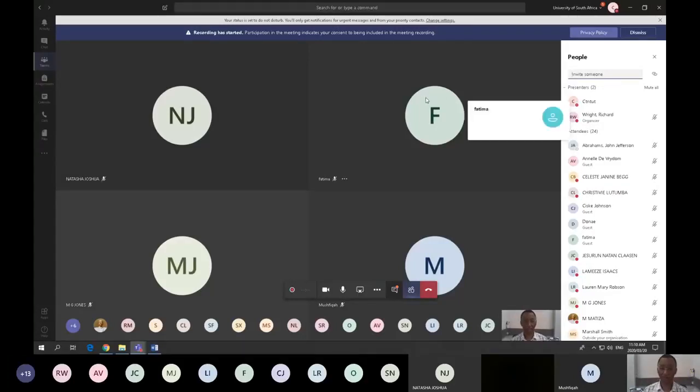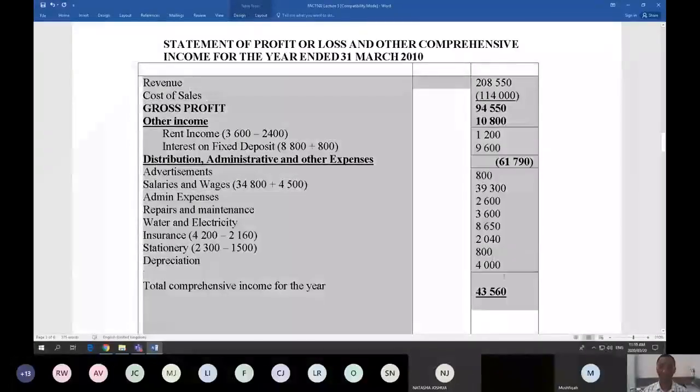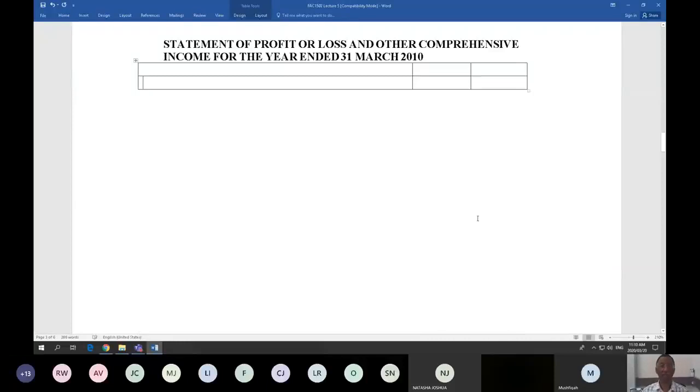Right guys, we're moving on to our next statement guys. We're moving on to our next statement, which is under, if you go to your required, on page 5 guys. I'm just removing all of that quickly, where they ask you to complete the statement of changes in equity.